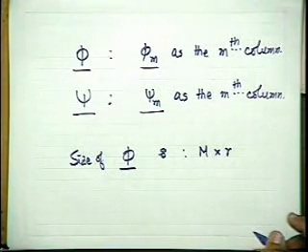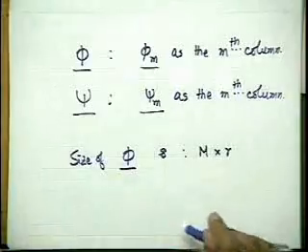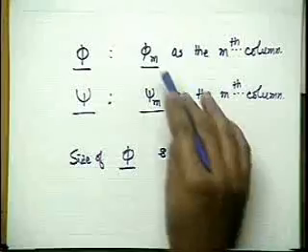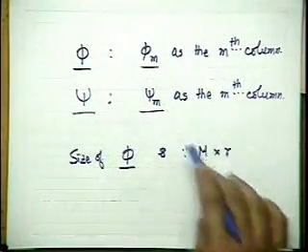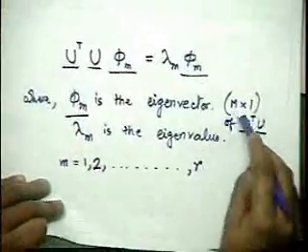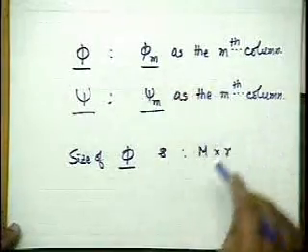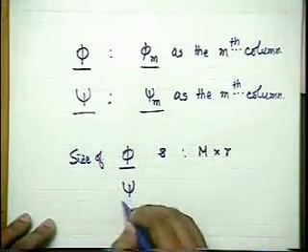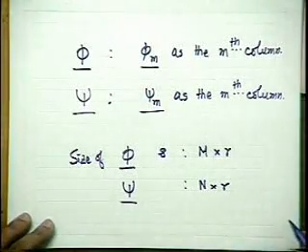M is varying from 1 to r. Phi m's are the columns, and there can be r such columns because there are r eigenvectors. And phi m is of dimension m by 1, so there are m elements, and there are r such columns. So it is m by r. Is that understood? And the size of the psi matrix is very similarly an n by r matrix.